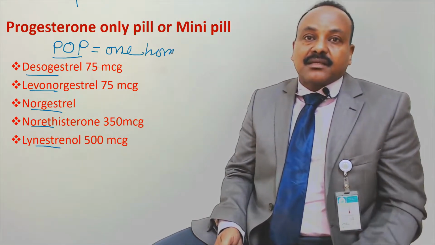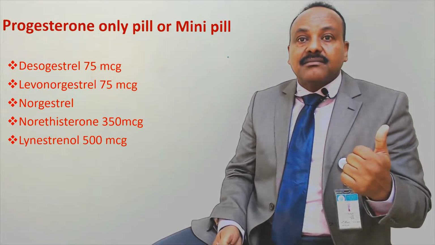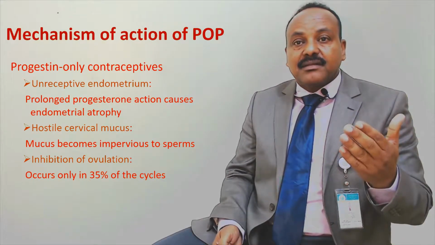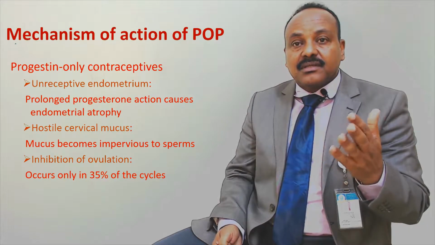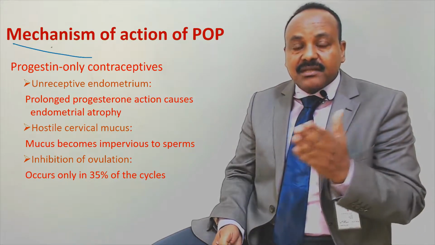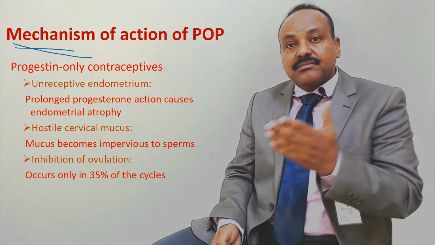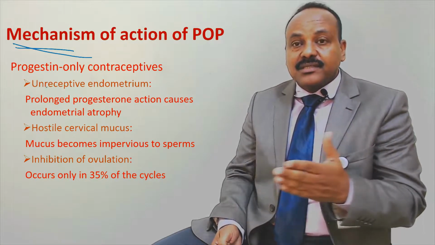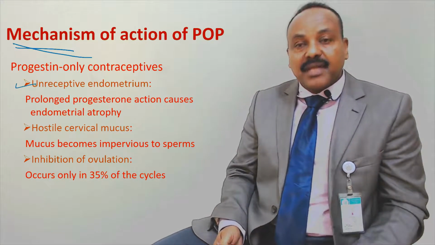How will it act? Previously, we told that the combined oral contraceptive pill acts by preventing ovulation, changing cervical mucus, and preventing implantation.